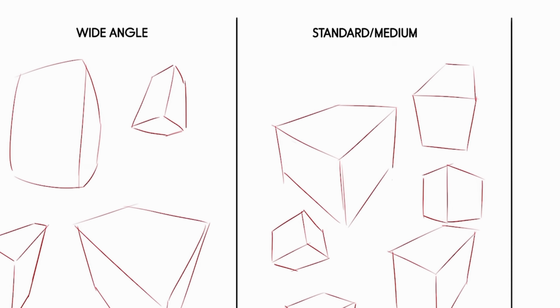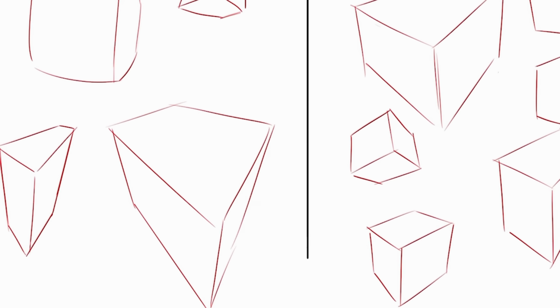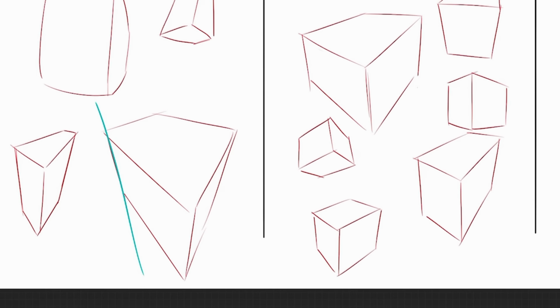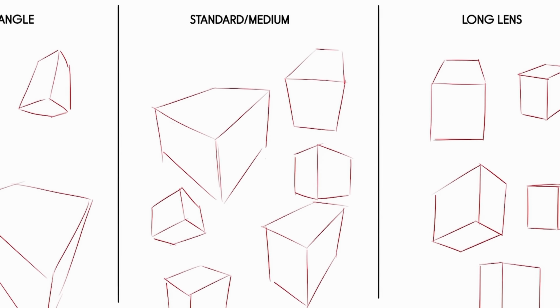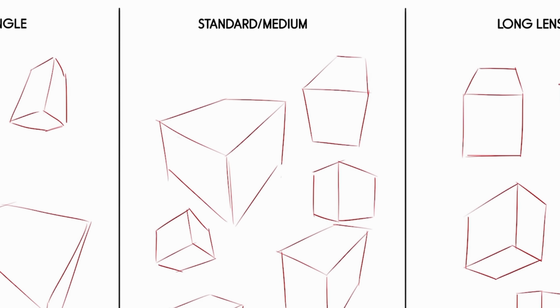So not as warped, right? Because as soon as we apply perspective like 3-point perspective, what you see here is a very, very warped perspective. And this doesn't look natural to us. So when it comes to the standard or medium lens, this looks a lot more natural to us.